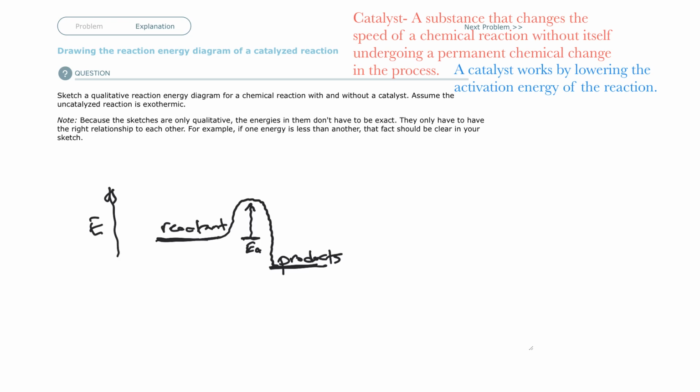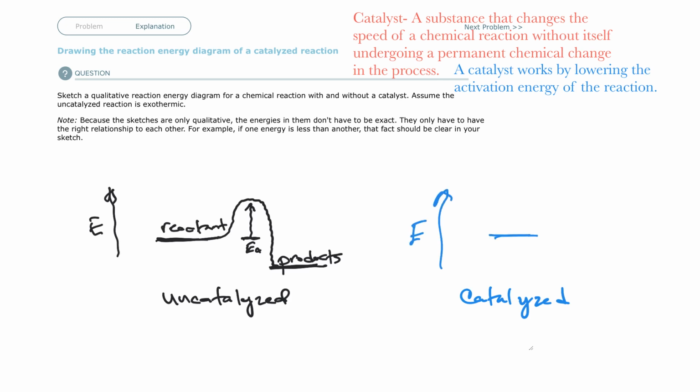All right, so I'm now going to do, so this is uncatalyzed. Uncatalyzed. I think that's how you spell uncatalyzed. There's a Y and a Z in there. So catalyzed, you still have the same. This is energy.